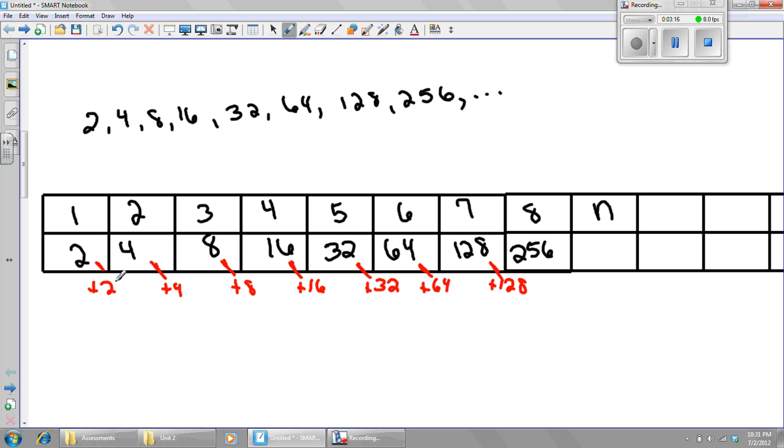Okay, well, when you go for the next difference, watch what happens. You get plus 2, plus 4, plus 8, plus 16, plus 32, plus 64. Now, some of you say, well, the 128 dropped off. No, actually it didn't. If I did the ninth term, I'd get a plus 128.